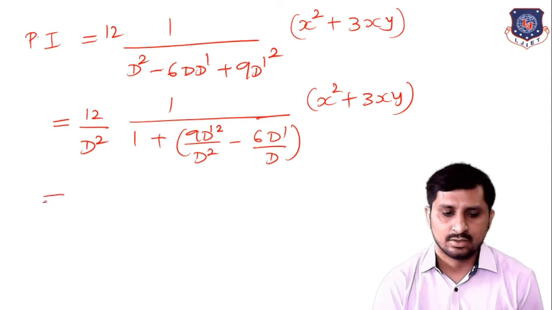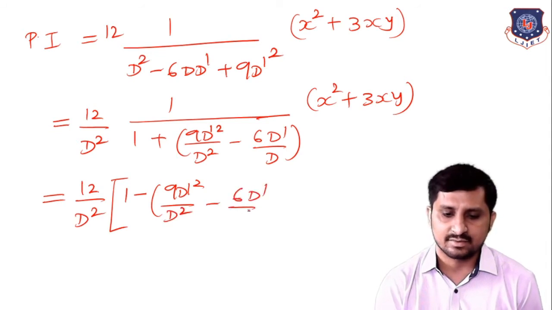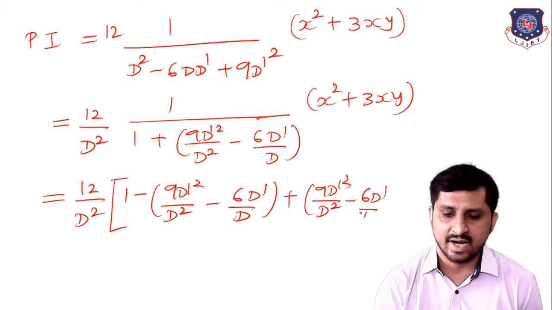Now simplify this term, 1 upon 1 plus x, I know how we can simplify: 1 minus (9 D dash square by D square minus 6 D dash by D) plus (9 D dash square by D square minus 6 D dash by D) whole square, and so on.